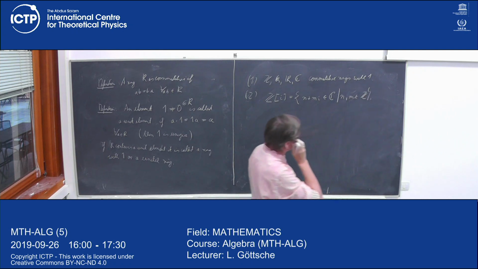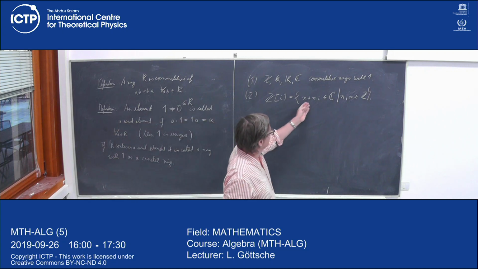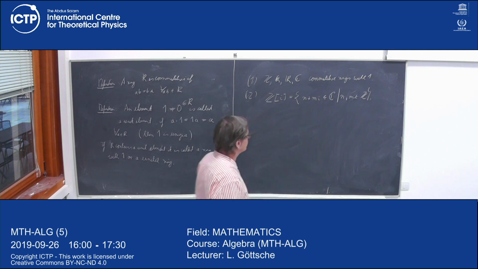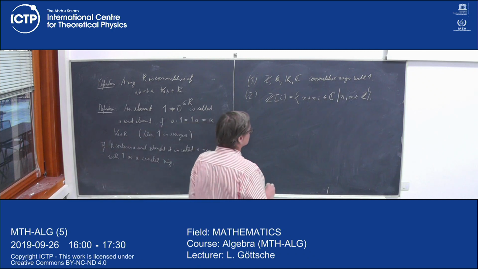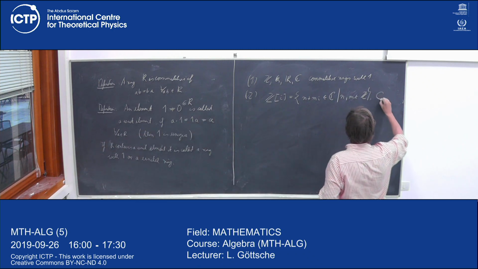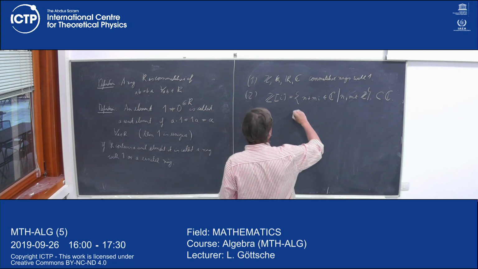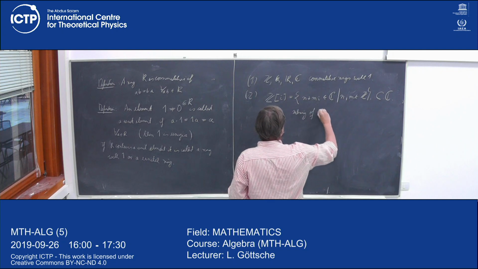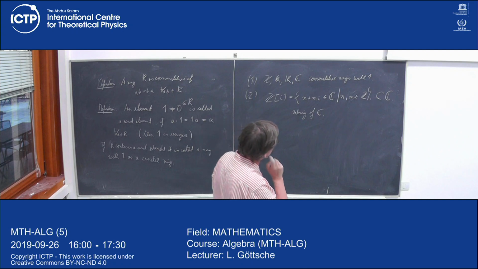Multiplication is the multiplication in the complex numbers, so i squared is equal to minus 1. This is contained in the complex numbers, and it's a subring of the complex numbers. This is called the ring of Gaussian integers.